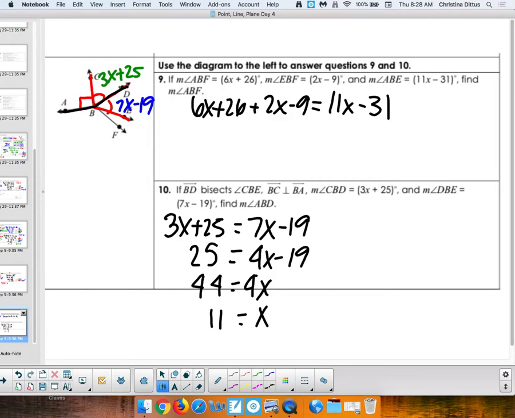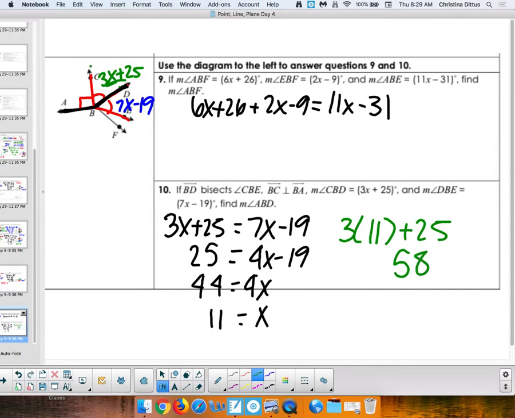So Lydia says that's sweet, but I'm looking for this black angle here. How does x being 11 help me find this black angle? Plug it in where? I'm going to plug it into my green thing right here. So I got 3 times 11 plus 25. How much is that angle? 58.